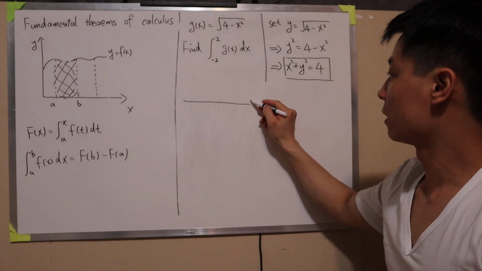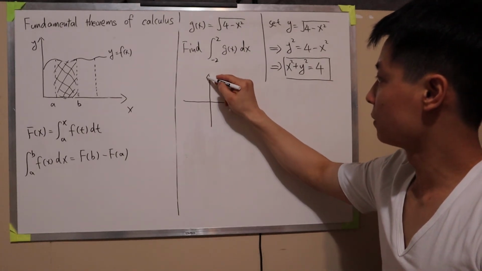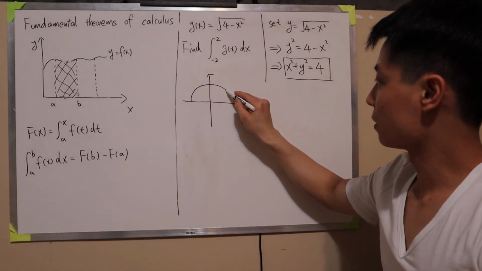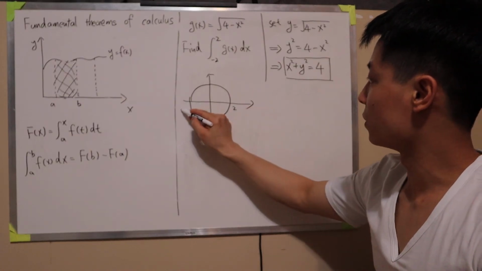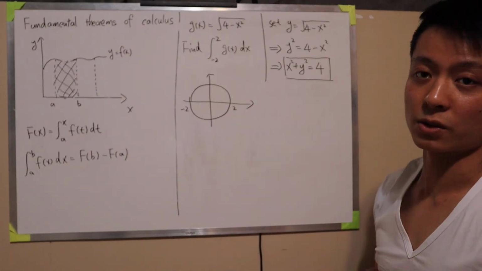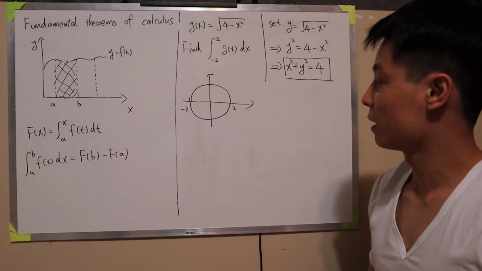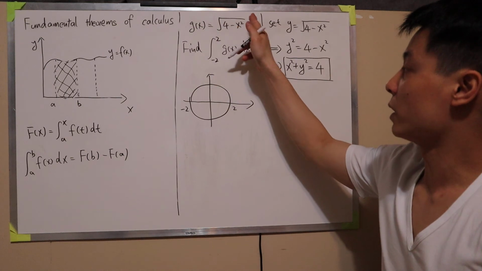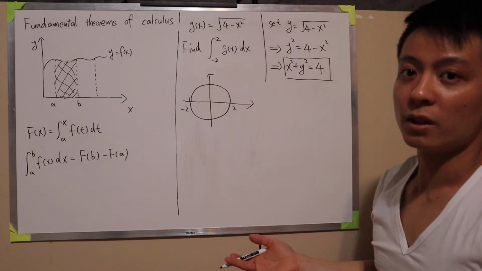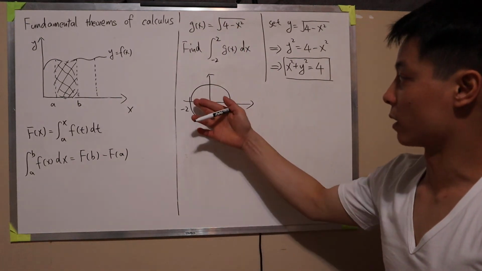So we can graph this circle. It's like this circle. It's 2 here, -2 here, right? This circle has radius 2. But it's not the entire circle, because the square root here only gives you the positive part of the curve.